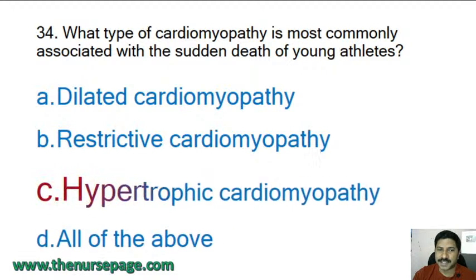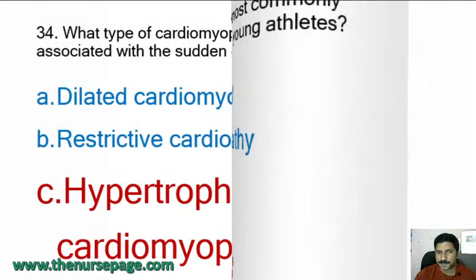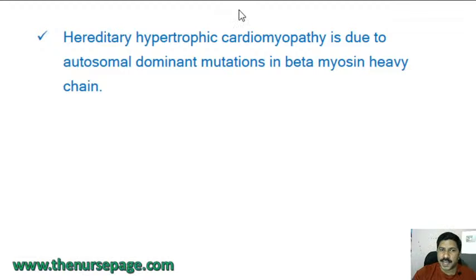The correct answer is hypertrophic cardiomyopathy. Hereditary hypertrophic cardiomyopathy is due to an autosomal dominant mutation in beta myosin heavy chain, but in athletes it is due to excessive exercise.